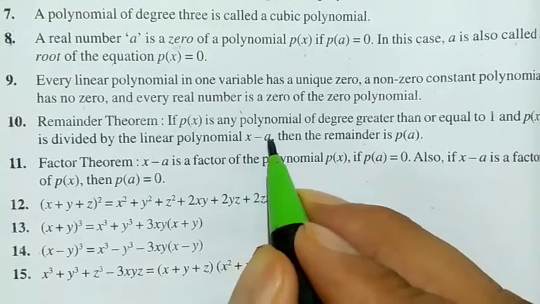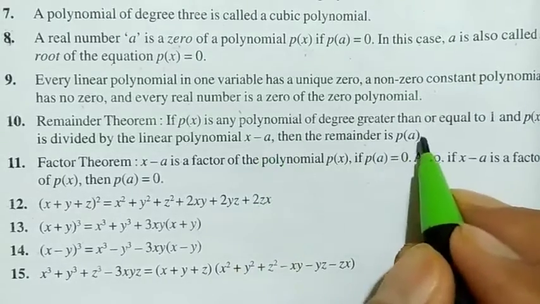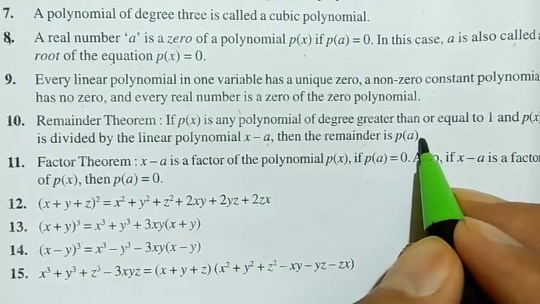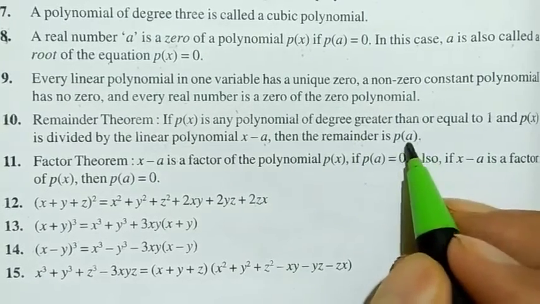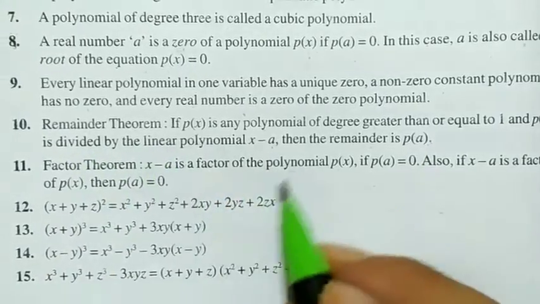If it is x plus a, then it will be minus a, and in that case p(minus a). But x minus a is given, so the remainder is p(a). Meaning in the polynomial, when we put x = a, we get the remainder. That is called the remainder theorem.